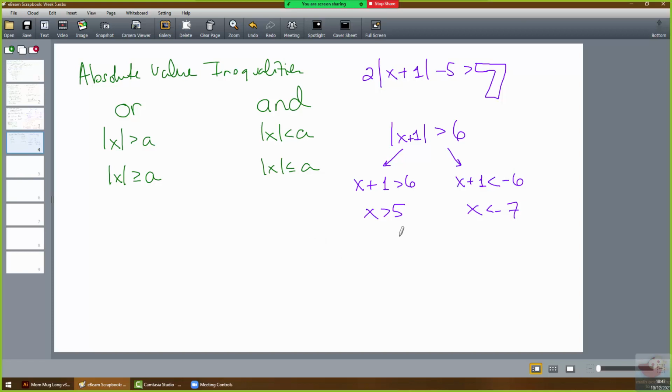To get that, you can draw a picture. For x greater than 5, here would be 5. We want greater than, so parenthesis, and we want everything to the right. X less than -7, here's -7. It's strict, so parenthesis, and we want everything to the left.